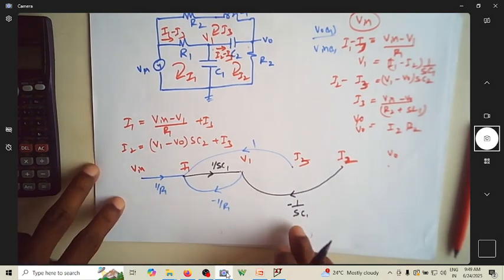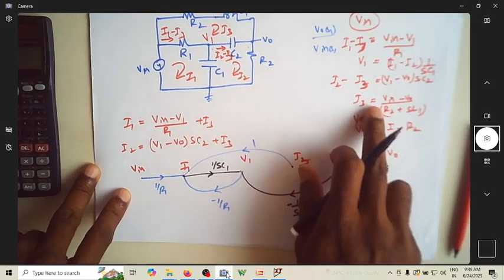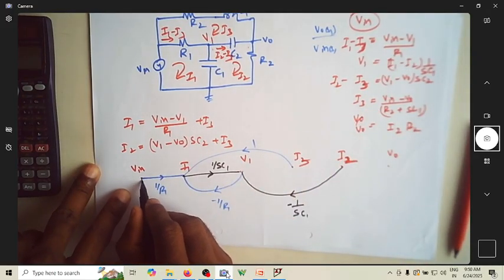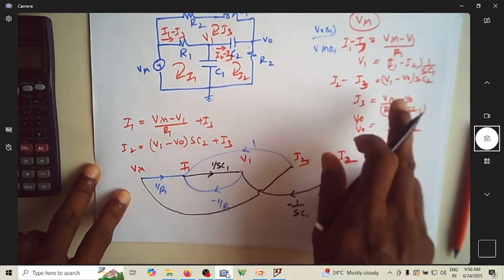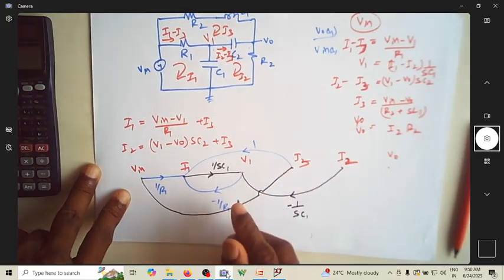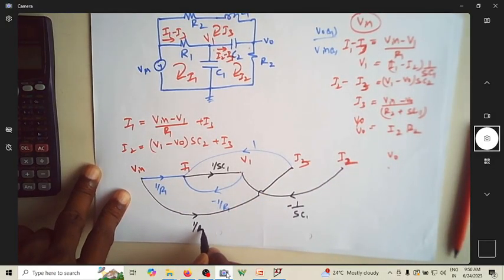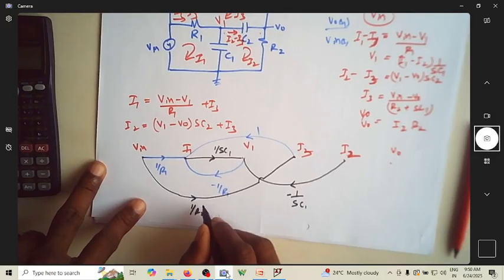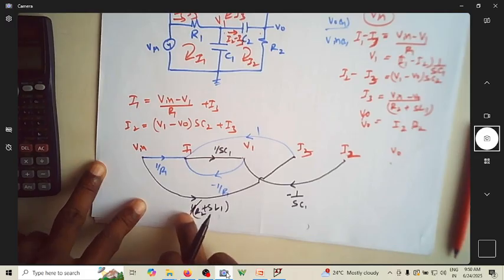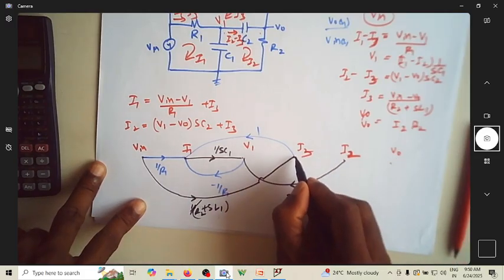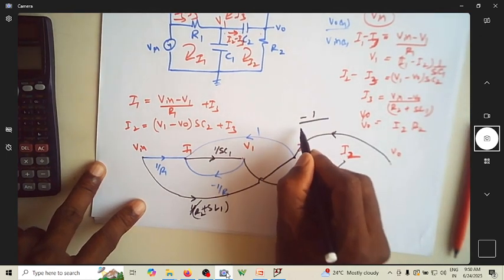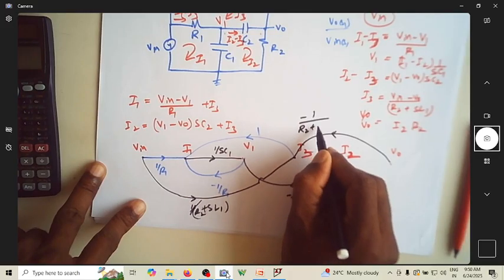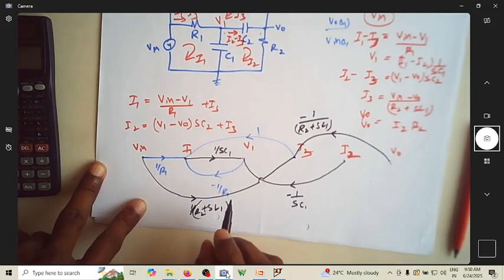Next, what is I3? I3 is Vin, the value is 1 over R2 plus SL1. This is the magnitude of this, and then you have this V0 also, minus 1 over R2 plus SL1. Correct.